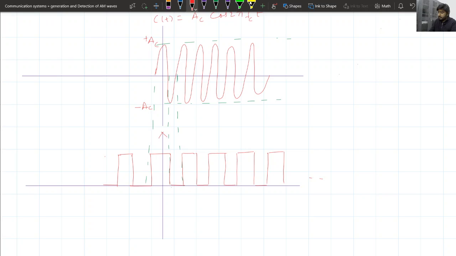This will be the curve of xpt, whose value is 1 when ct is greater than 0 and 0 when ct is less than 0.